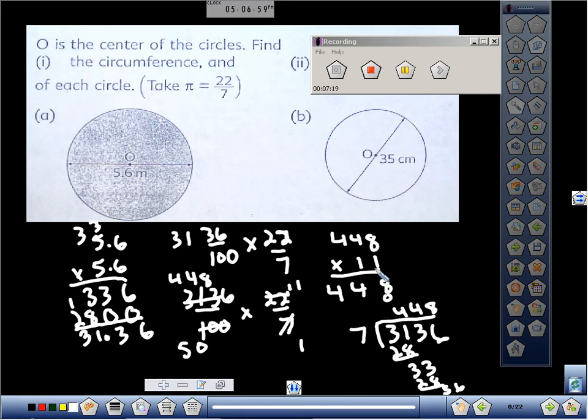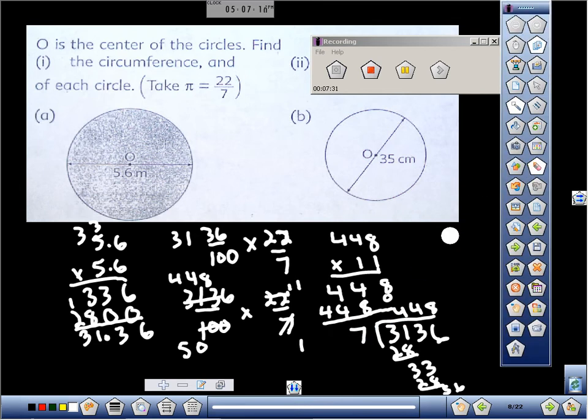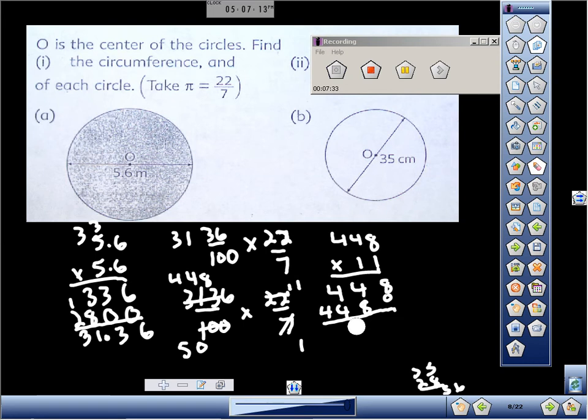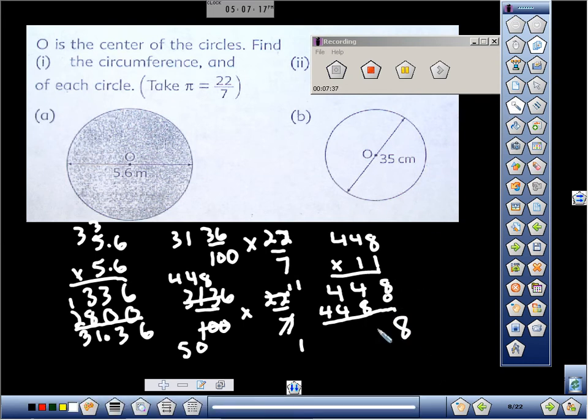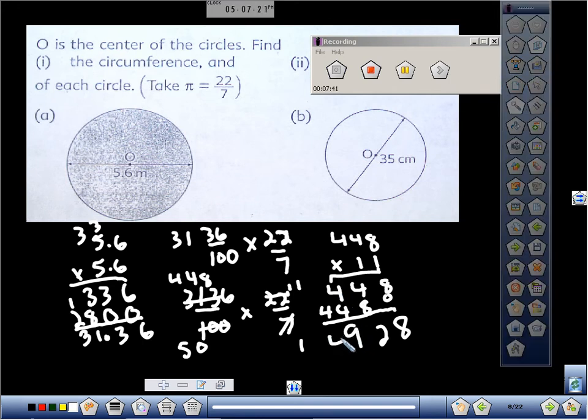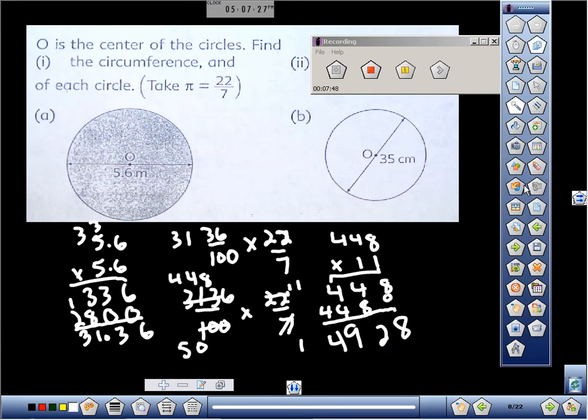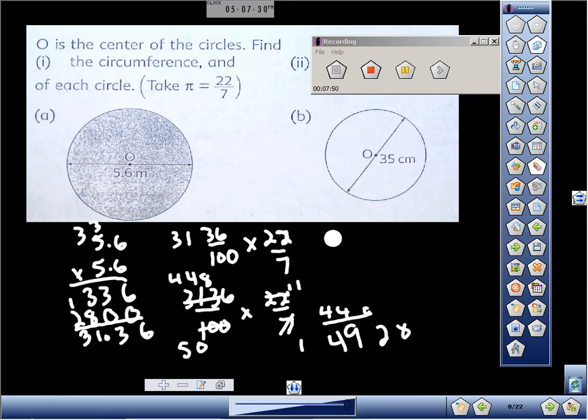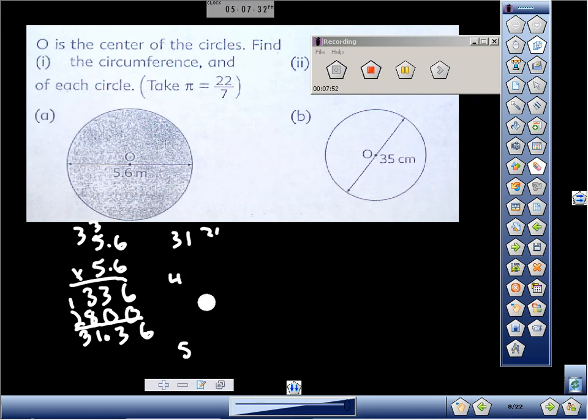This is not good what I'm doing right here. 8, 4, 4. You guys have extra paper. You should make space on your paper, like I'm getting ready to do right now. We get 8, 12, carry the 1, 4 and 4 is 8, 9, and then 4. Okay, so we get 4,928, and then we got to divide that by 50. 4,928 divided by 50.